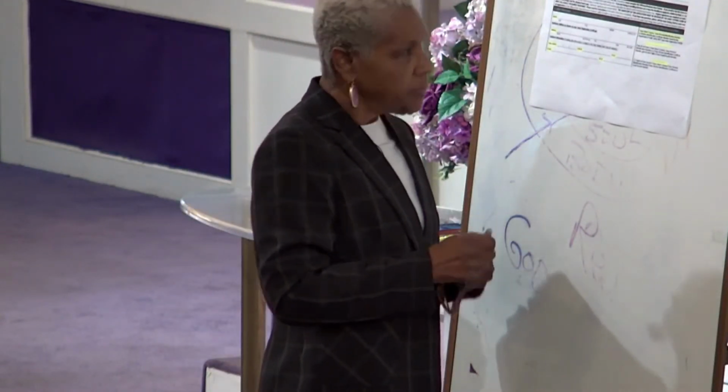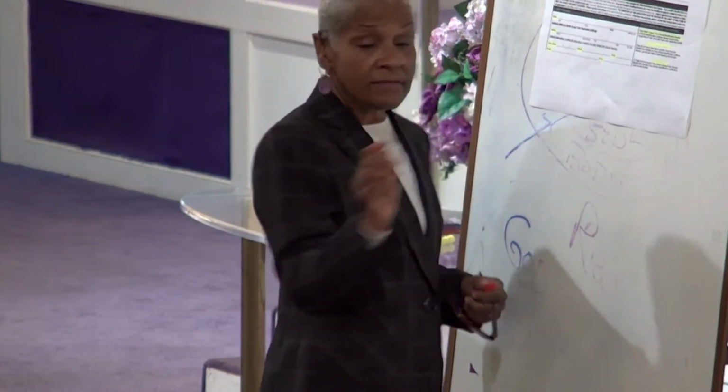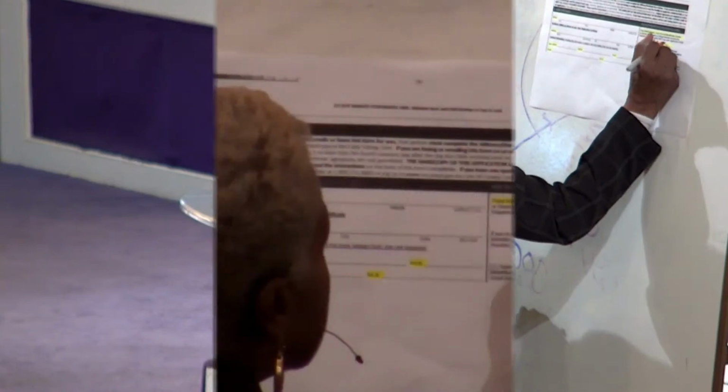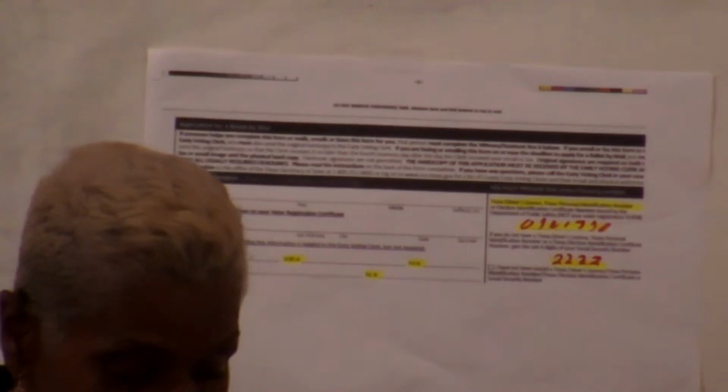My suggestion for this election, to make sure that there's no reason for your ballot to be rejected, is that if you have a Texas driver's license number, please put that number on here, whatever it is. And then follow it up and put the last 4 digits of your Social Security number as well. That way you know they have no reason to reject your ballot.